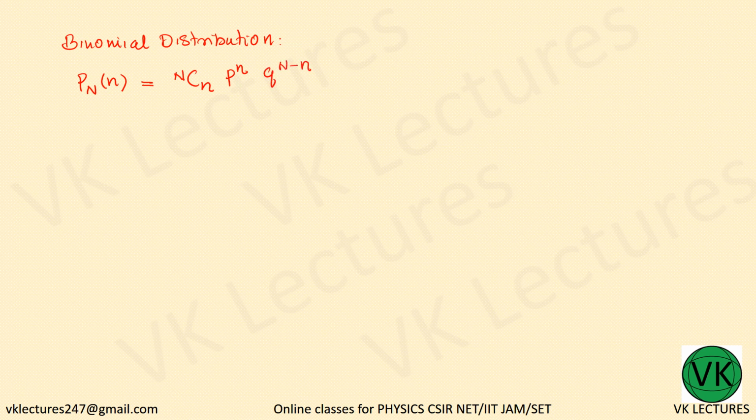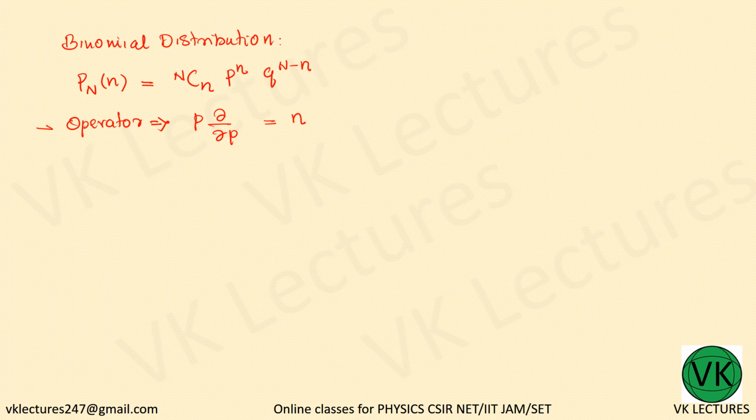Then an operator, p dou by dou p, gives the value n, the number of favorable outcomes.